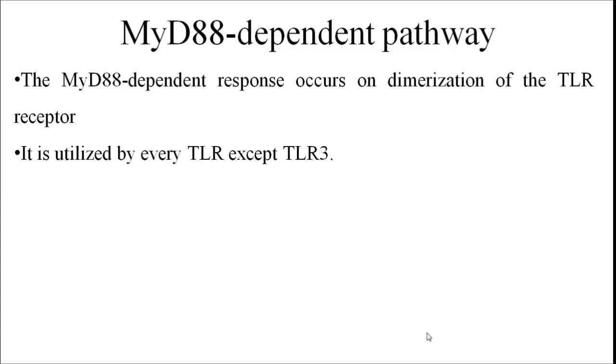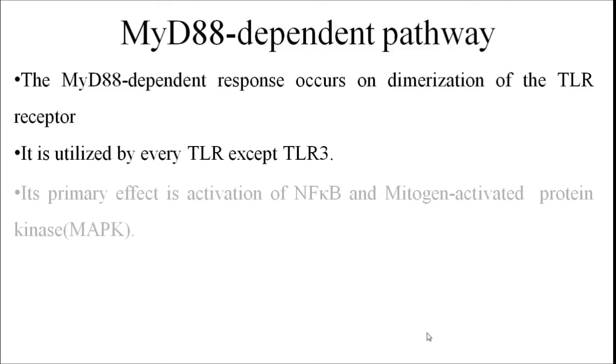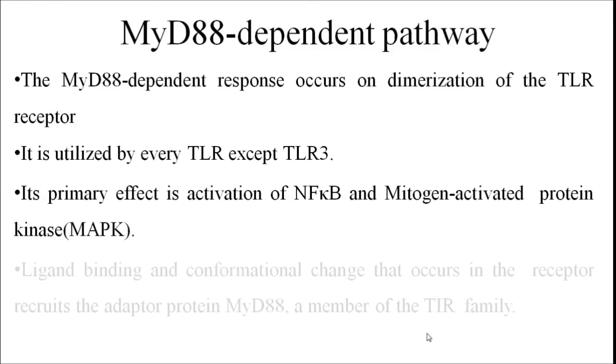The MYD88 dependent response occurs when dimerization of these toll-like receptors takes place. It is utilized by every toll-like receptor except toll-like receptor 3. The primary effect in the MYD88 dependent pathway is the activation of NF-kappa B and mitogen activated protein kinase.